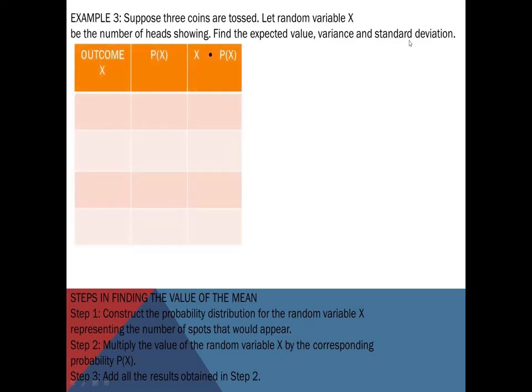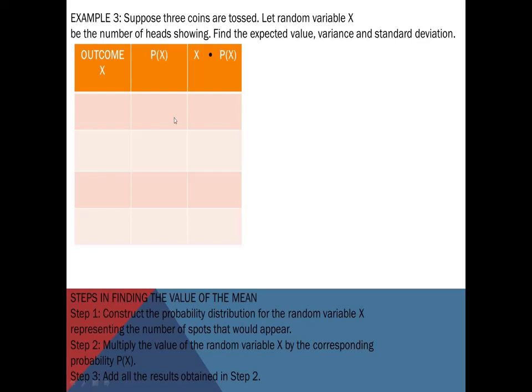So, say for example, we have it here, right? Our probability distribution table. Now, let's list all the possible outcomes if we toss three coins.